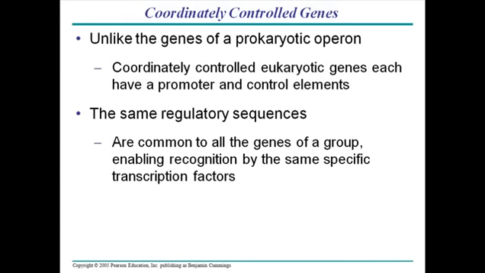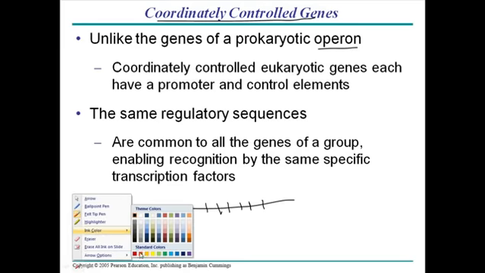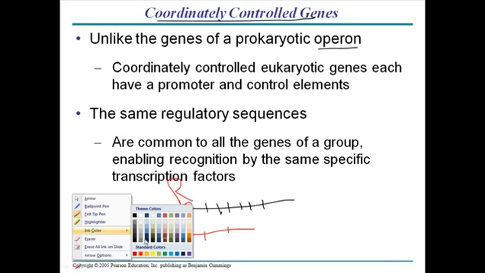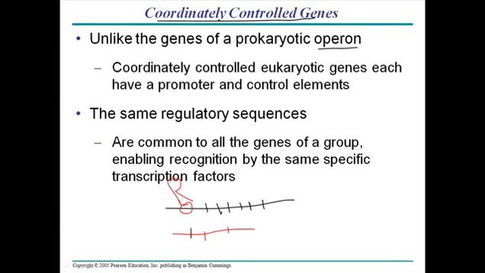So what we are looking at in these cases is coordinately controlled genes. We are not talking about simple operon things, where several genes are situated one by another and one regulatory site controls the whole expression of those different genes. But in eukaryotic genes, each gene will be controlled by only one regulator, and one enhancer in this case.